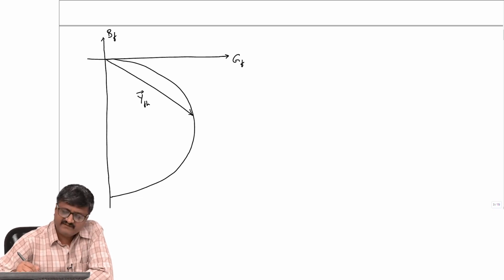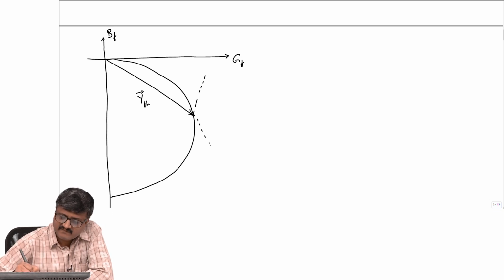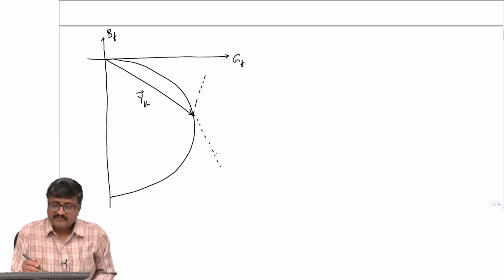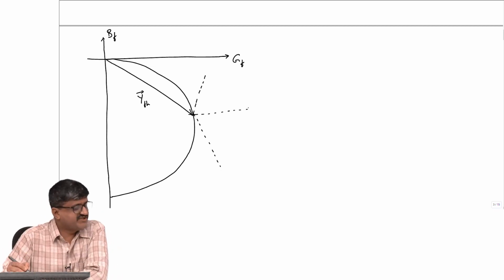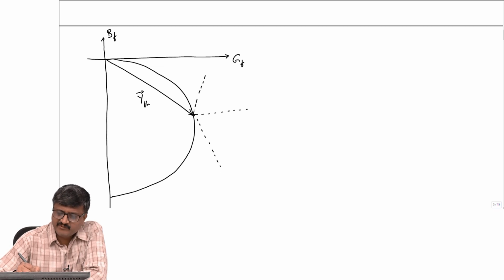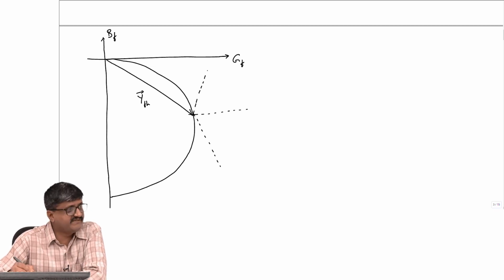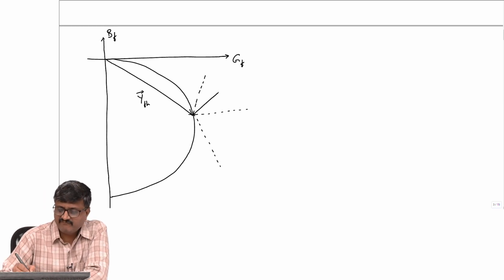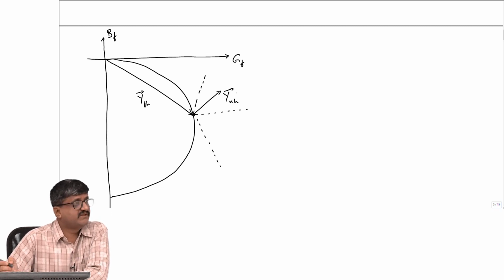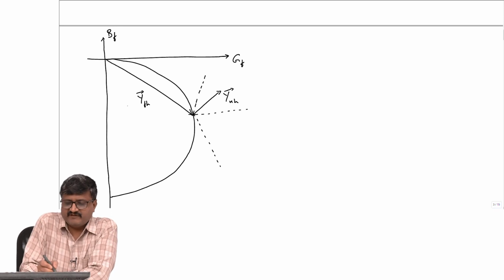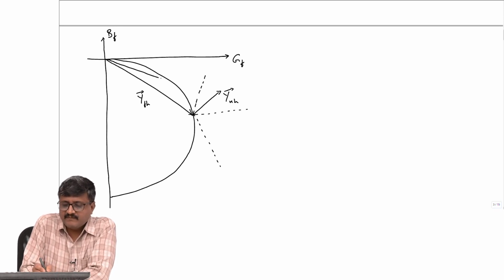So, that is essentially saying that to YFH I am adding YNH. Suppose YNH, I have to take between these two dashed lines, one which makes an angle phi m and another dashed line which makes an angle minus phi m. Suppose I take YNH to be this. Okay. Then YFH plus YNH.